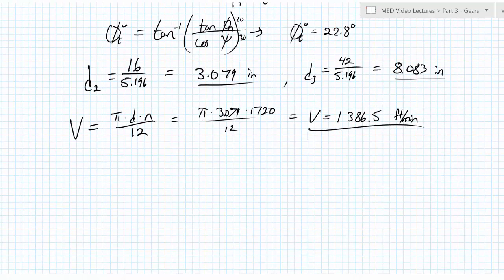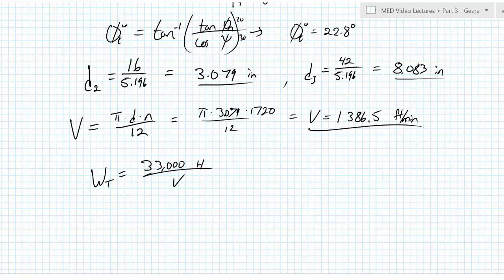Then we can use our gear equations to understand the transmitted load at that power. Recall we have 33,000 times horsepower over pitch line velocity, so 33,000 times 25 horsepower over our pitch line velocity of 1,386.5.